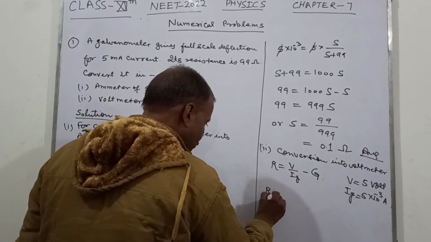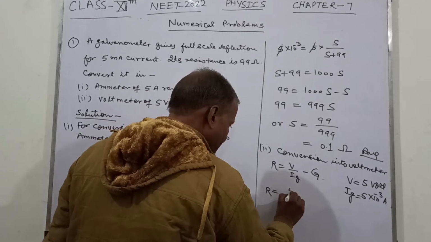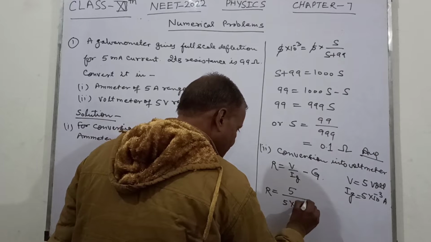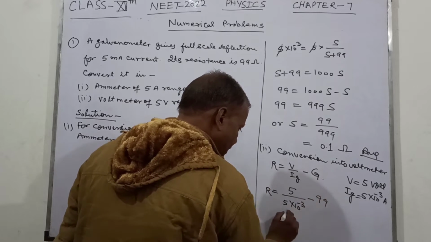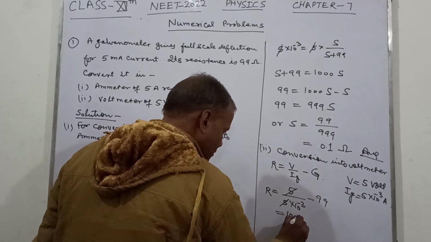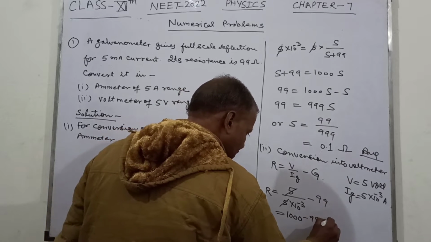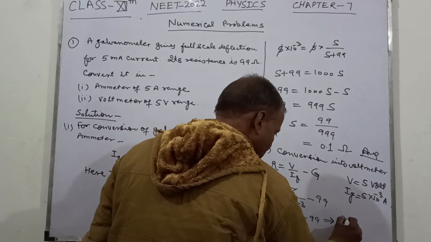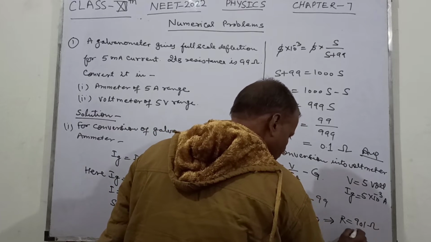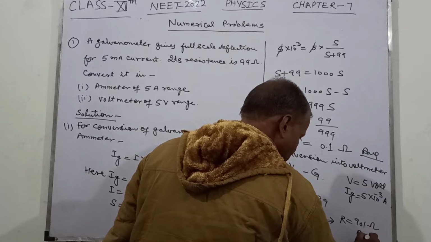So R equals 5 upon 5 into 10 raised to the power minus 3, minus 99. This is now 1000 minus 99. So this will give you R equal to 901 ohm.